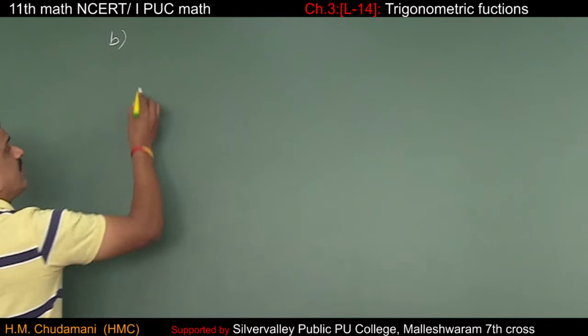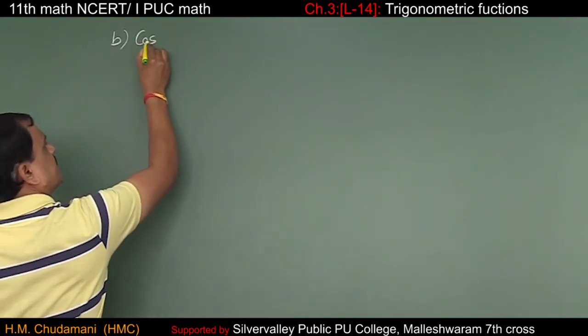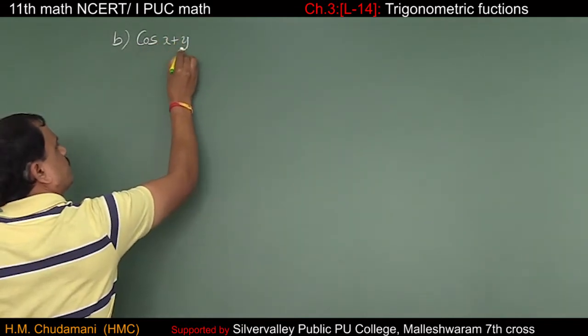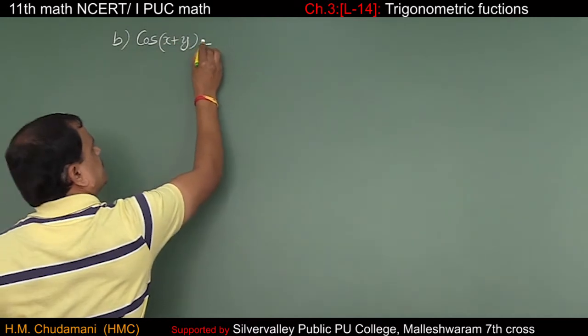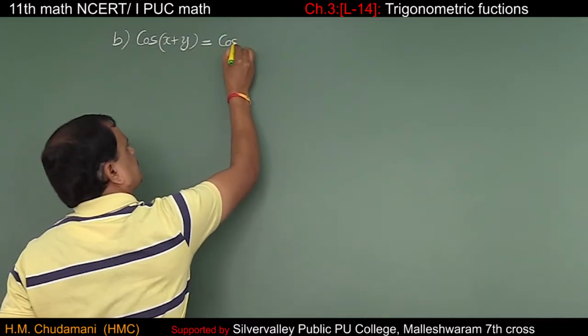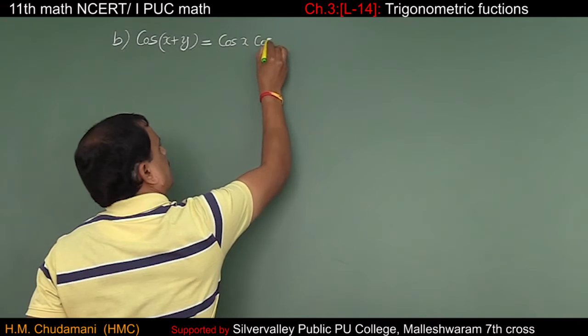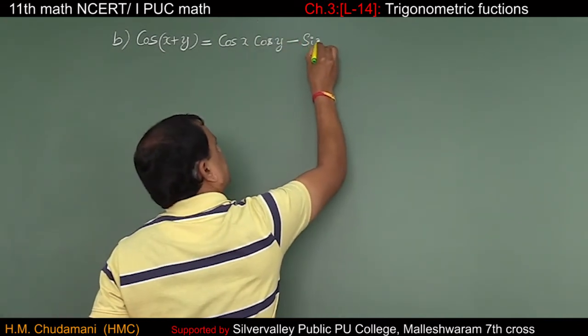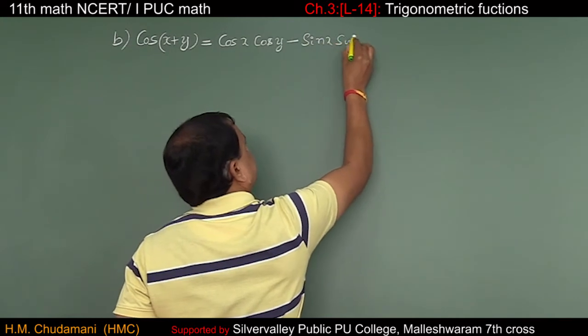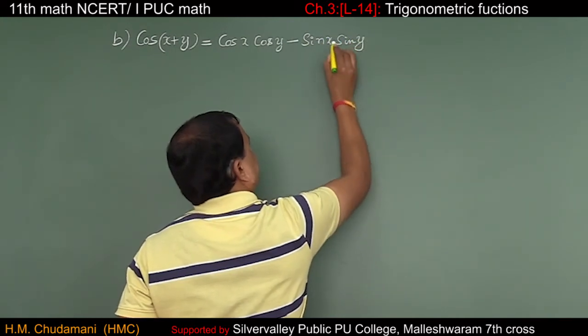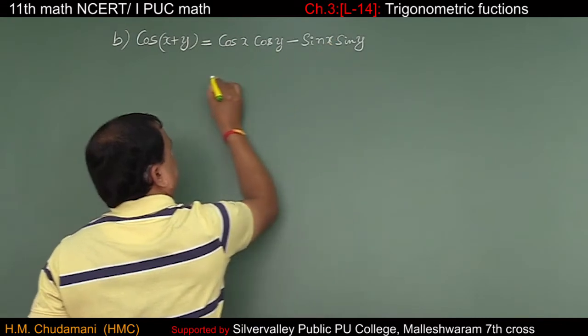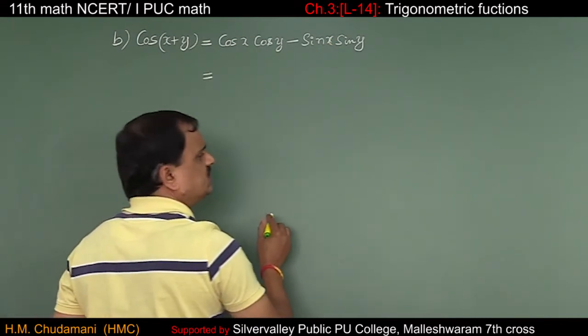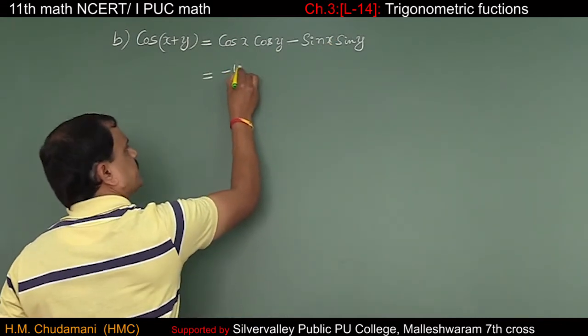B. Cos of x plus y, the formula we know. So what is cos of x plus y? Cos x cos y minus sin x sin y. So this is equal to cos x is minus 4 by 5.